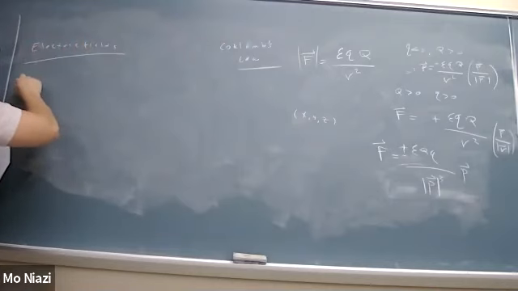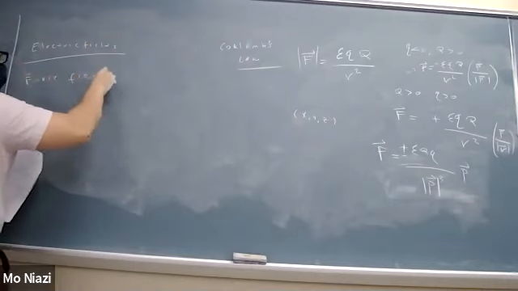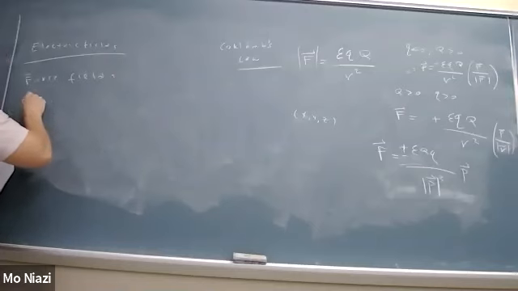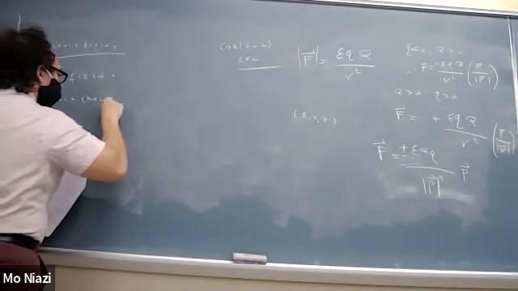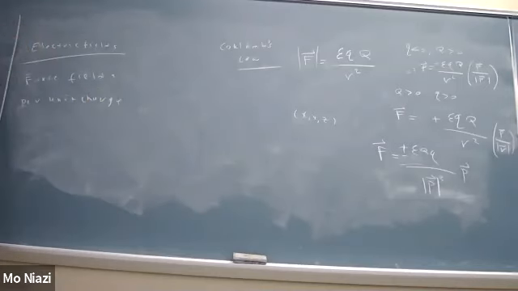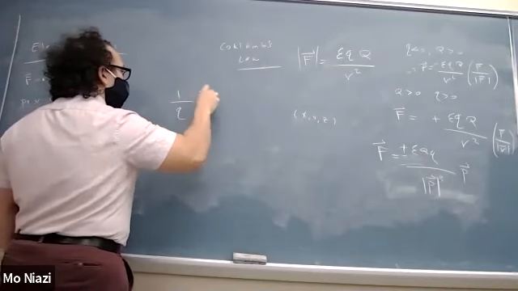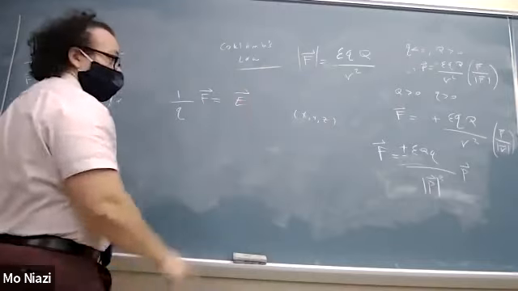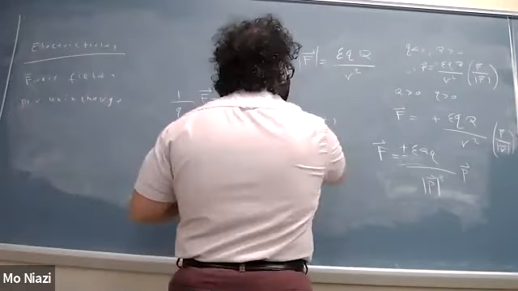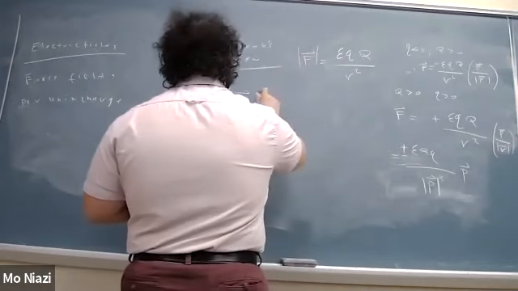Electric fields are force fields per unit charge. So per a charge, the force field becomes an electric field, and that is what we have over here.